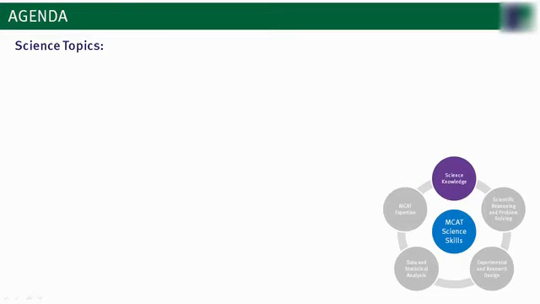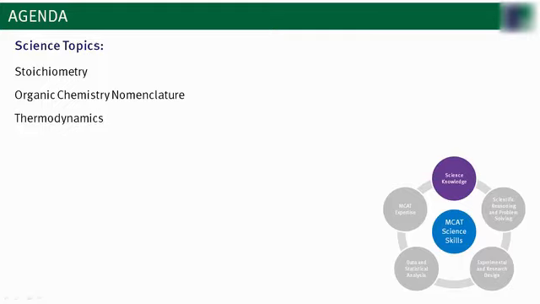We'll be seeing these Skill 1 questions in the context of science topics that you're probably already pretty familiar with. They're all from the Chem Phys, or Chemical and Physical Foundations of Biological Systems, section of the exam. These are namely stoichiometry, organic chemistry, just the very beginning of it, nomenclature, thermodynamics from physics, and fluids.